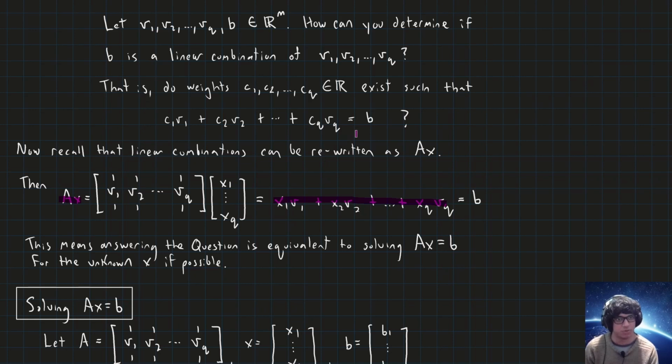If we're interested in solving for this expression, we notice that this is exactly the same as this. Here we're using x's, here we're using c's. They're both scalars that are unknown. If we want to solve for this, it's the same as Ax equals b. Those are the same equations.